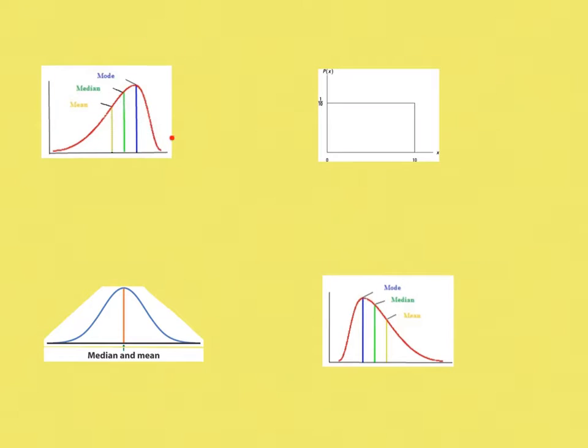The first one up here is left skewed because we can see that the tail is more concentrated on the left, and in a skewed curve, the mean is pulled toward the tail. So you can see here that the mean is to the left of the median, and this is left skewed. Then down here, we have a symmetric bell-shaped density curve, and when it is symmetric, the mean is equal to the median.